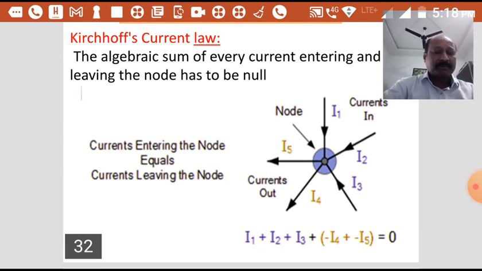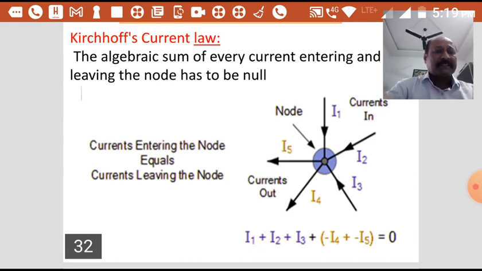So here we are assuming that the incoming current has the positive direction and outgoing current has the negative direction. So I1, I2, I3 are the incoming current and I4 and I5 are outgoing current. That's why I1 plus I2 plus I3 minus I4 minus I5 equals 0.